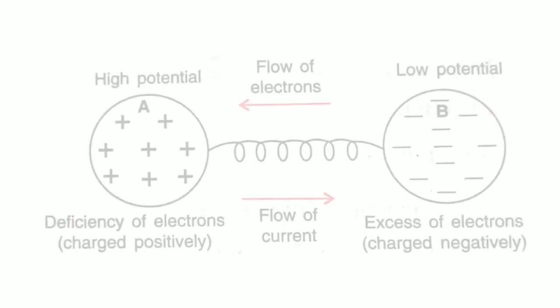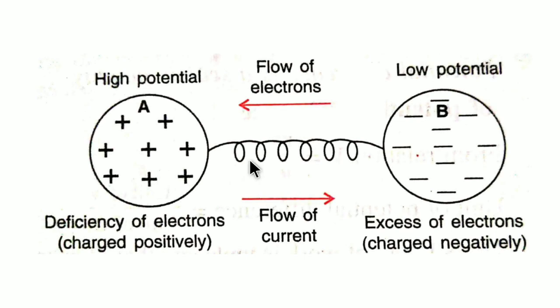That means if two bodies with the positive and the negative charges, or we can say the body with the high potential and the body with the low potential, are connected through a metal wire, then always the electrons will flow from where the electrons are higher, from the lower potential to the higher potential, that is towards the conductor where the electrons are less in number. So the flow of electrons is from low potential to high potential.